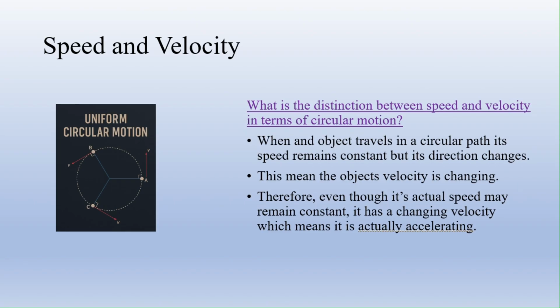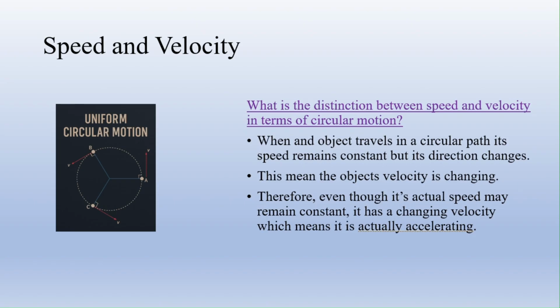So we say that it's accelerating. It's a tricky thing to grasp. Even though it appears the object is moving at a constant speed, because it's constantly changing direction, its velocity is changing, so we say the object is accelerating.